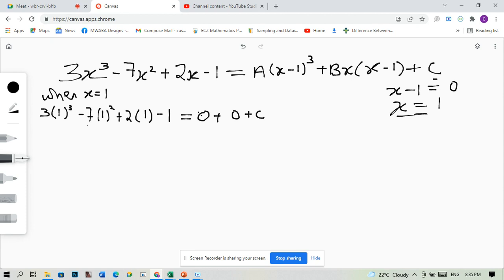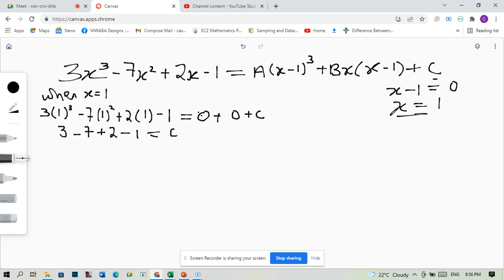1 cubed is 1. 1 times 3, that is 3. So we have 3, minus 1 squared is 1. 1 times negative 7, that is negative 7. So I have 3 minus 7, all right? 2 times 1, that is 2, plus 2, minus 1 equals c.